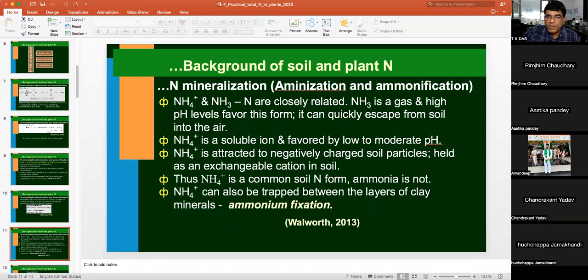Ammonium is attracted to negatively charged soil particles, held as an exchangeable cation in the soil. So it is attached. And what is the double diffuse layer? Can anyone tell me what is the double diffuse layer?